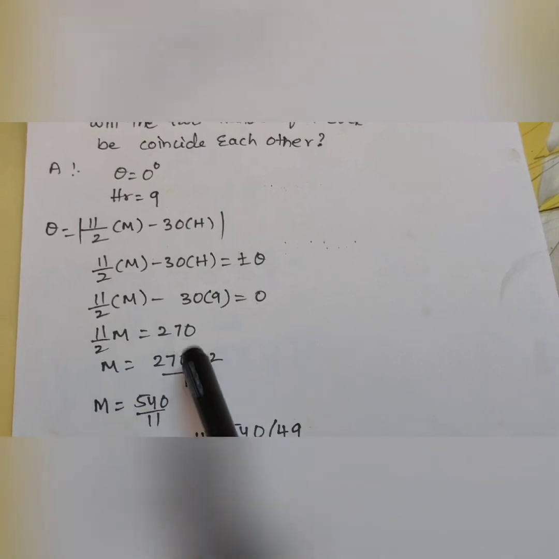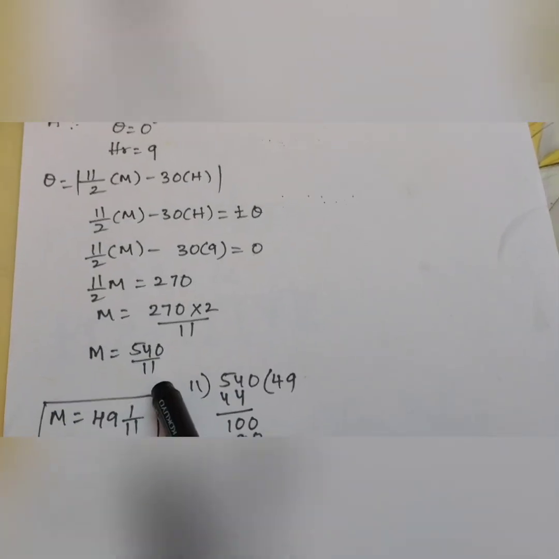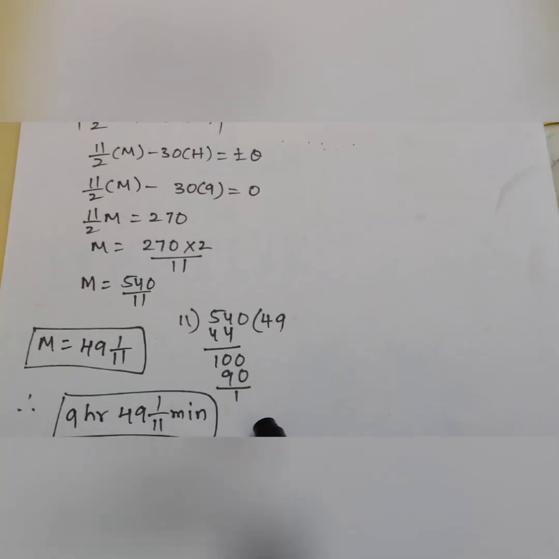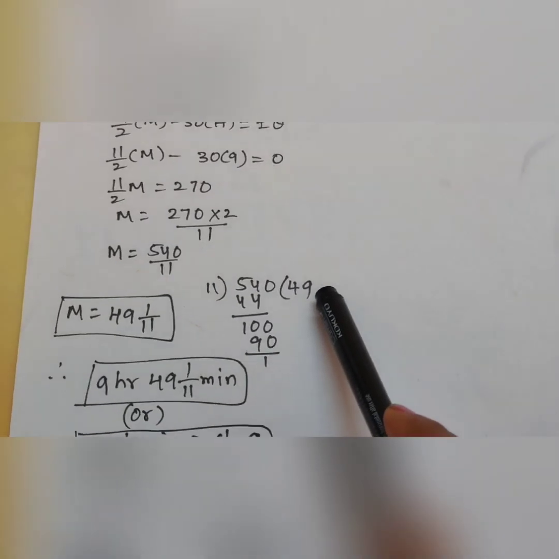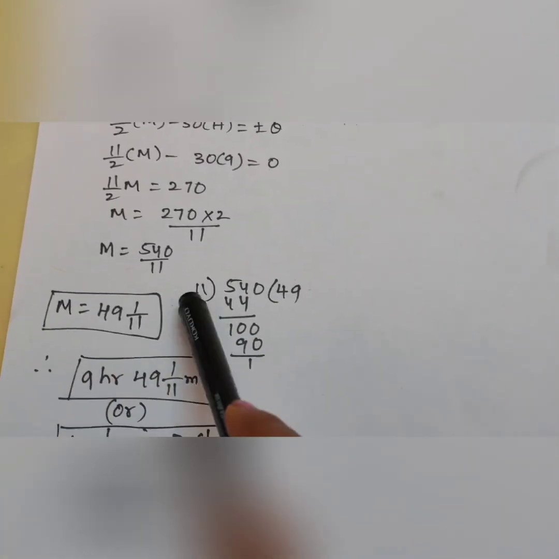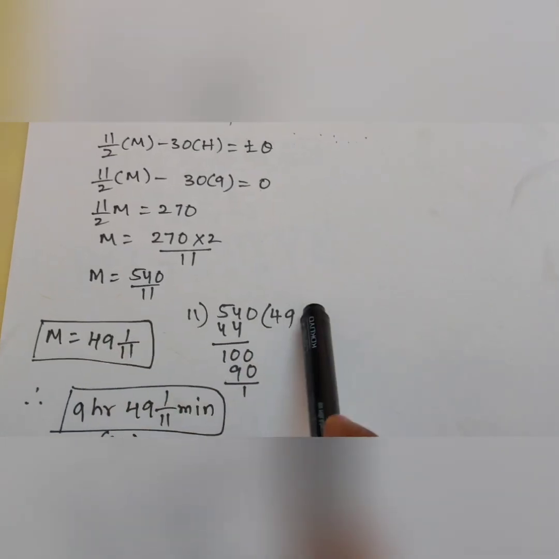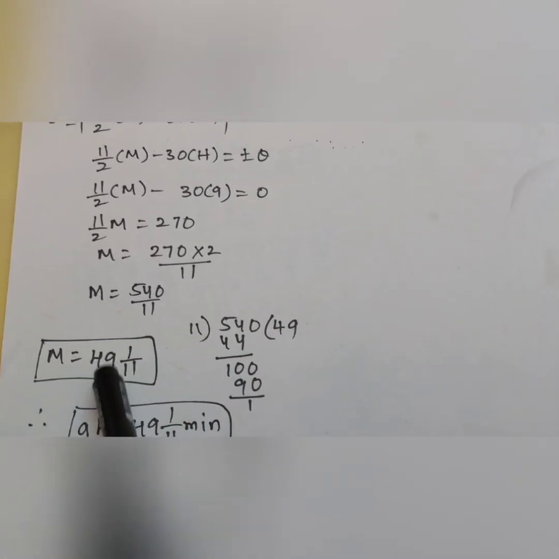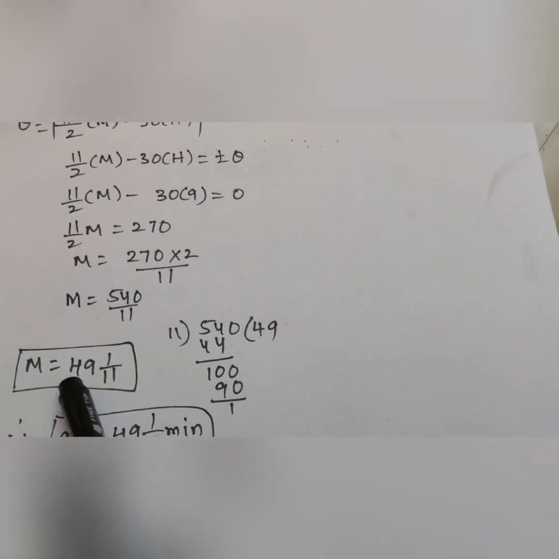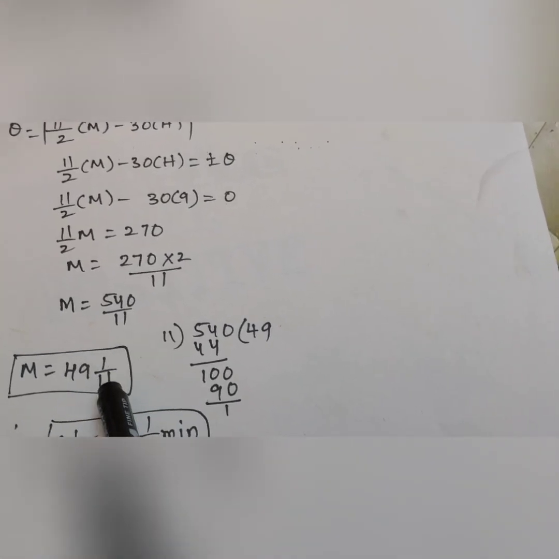By simplification we will get 540 by 11. By division we'll get the value as 49 and 1 by 11. First we have to write the quotient, and we have to write the minutes as a mixed fraction, where 49 is the quotient, 1 is the remainder, and 11 is the divisor.